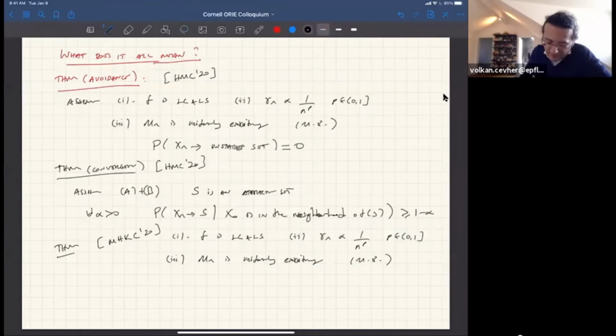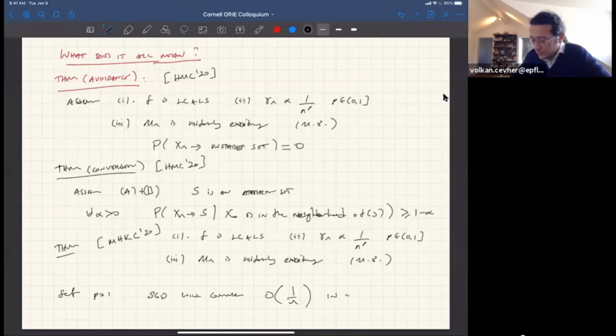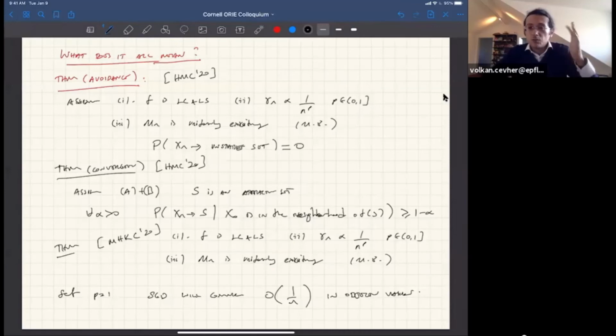Interestingly, you can just set p equal to 1, then SGD will converge with order 1 over n rate in objective value. So meaning that if you look at the non-convex literature, people like to use these faster decay rates on step sizes. It looks like it actually does make sense from the theoretical perspective. And with this, I'm going to end the talk.